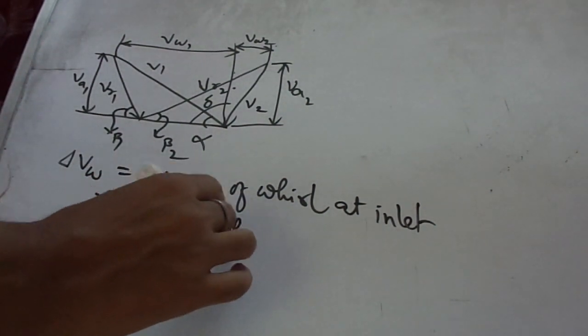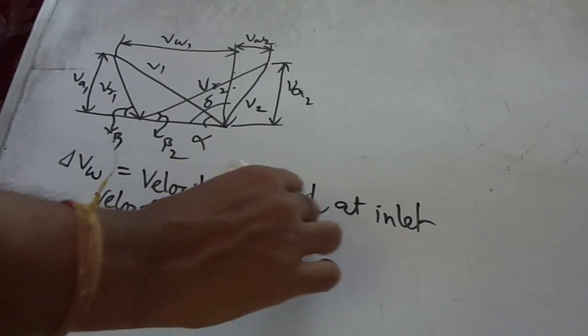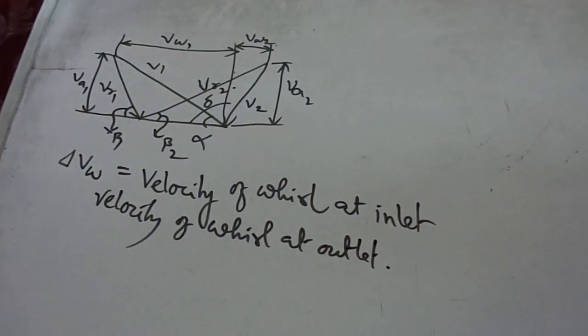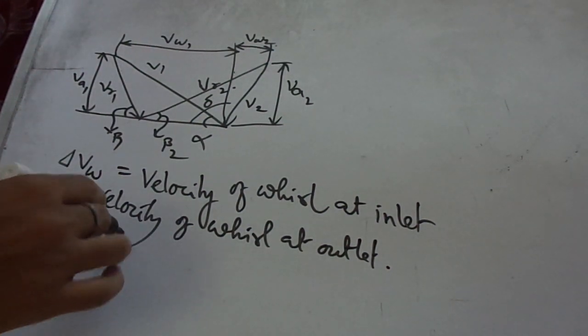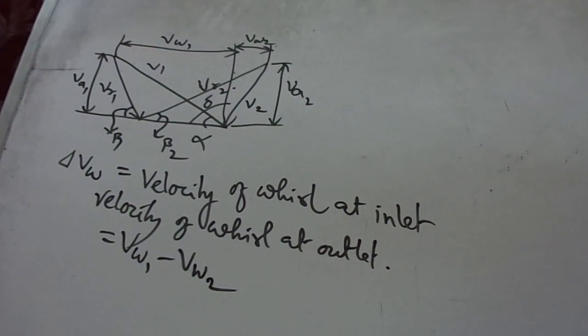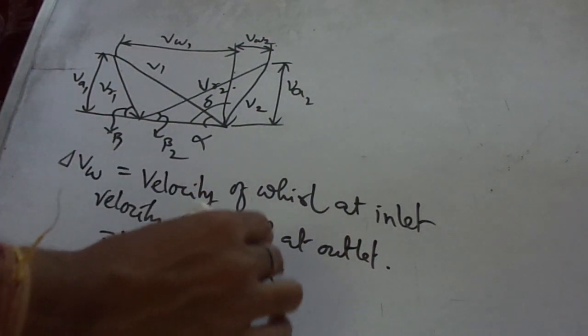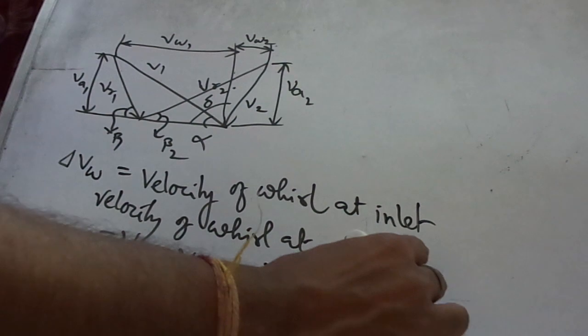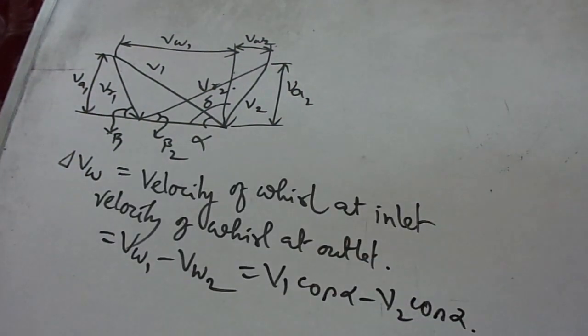So Vw1 minus Vw2 is equal to V1 cos alpha minus V2 cos alpha.